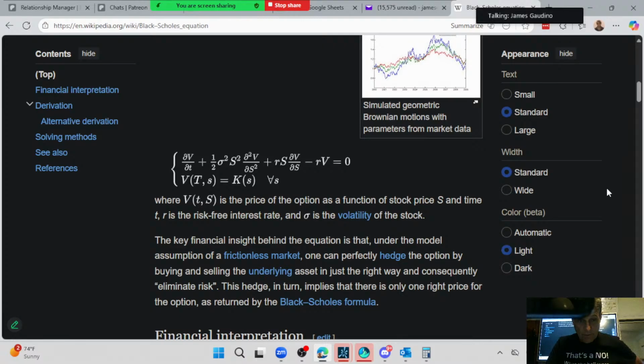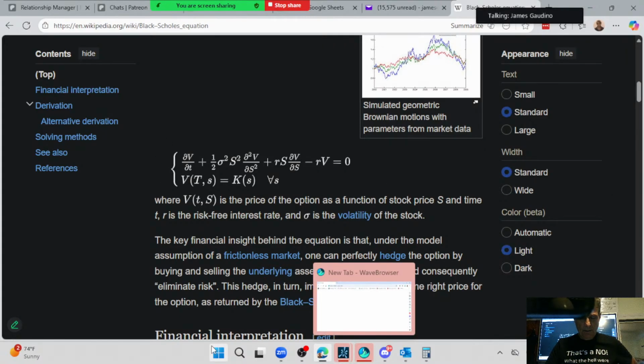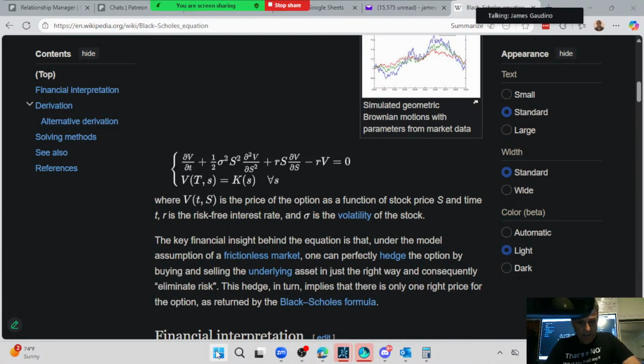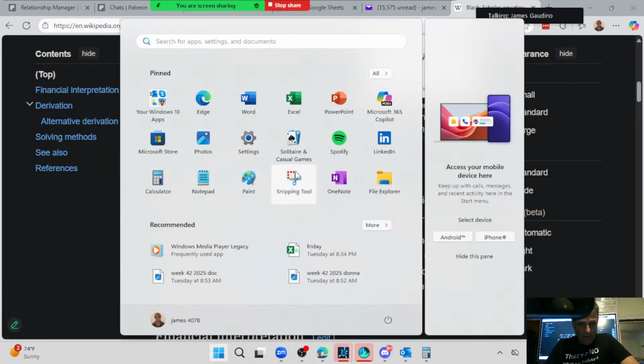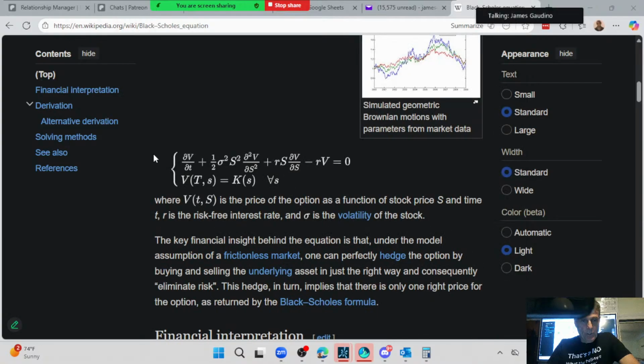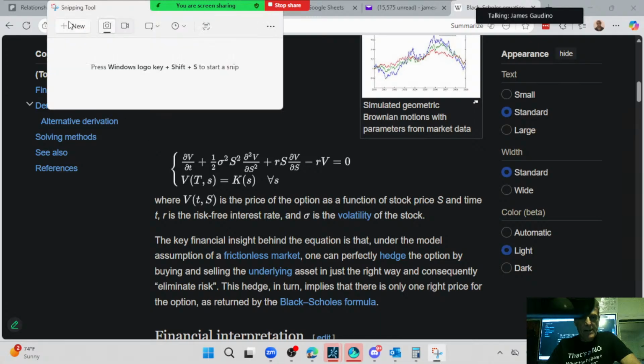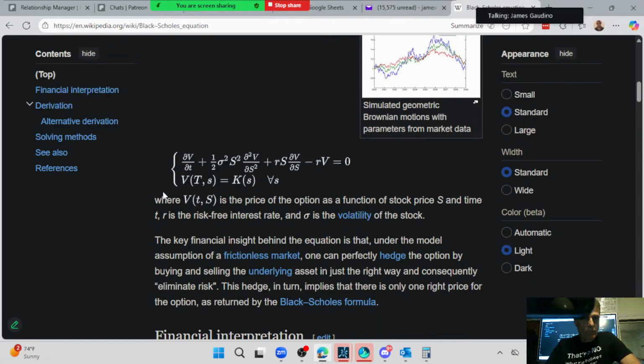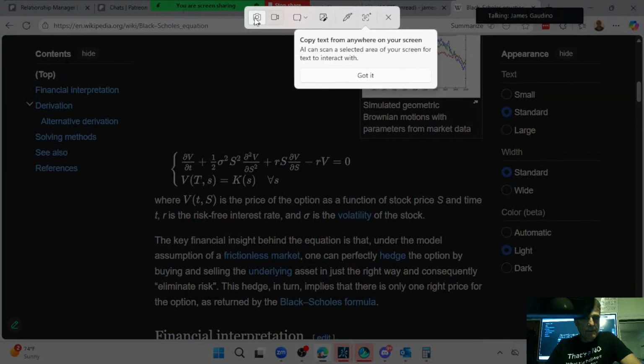Where is it? All right, I'm going to cut and paste so that we can make it bigger.